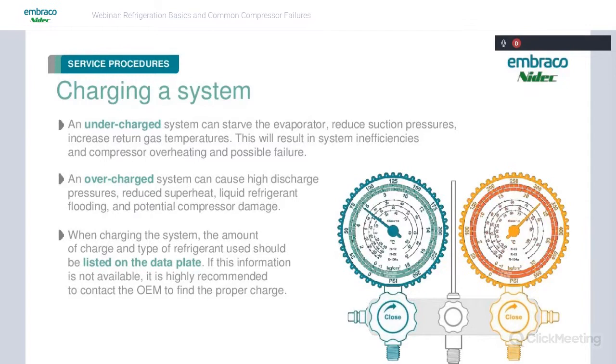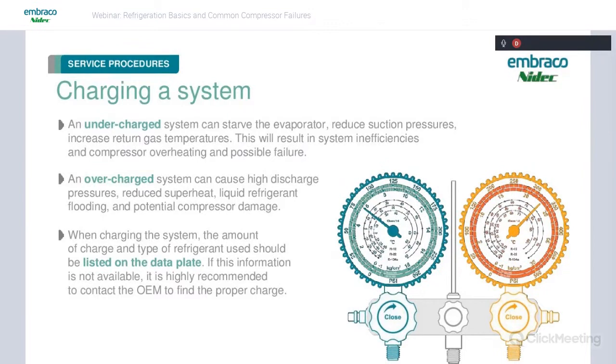And obviously, we're not going to have enough refrigerant in the system to do the job of cooling. An overcharged system is going to cause high discharge pressures and reduced superheat, which means liquid refrigerant flooding and potential compressor damage, because we don't want any liquid refrigerant to enter that compressor.